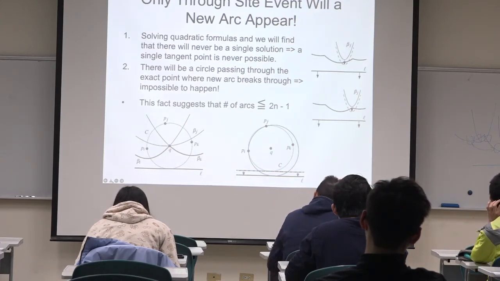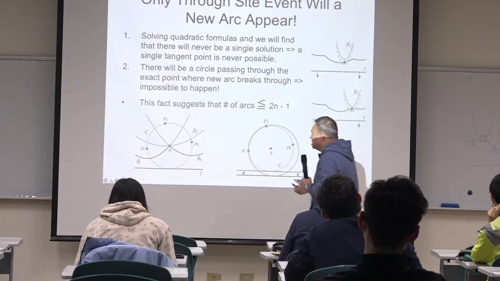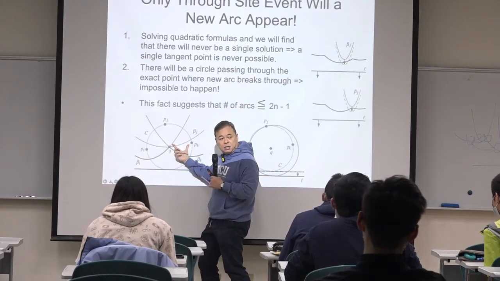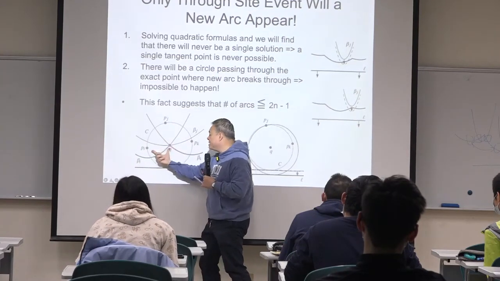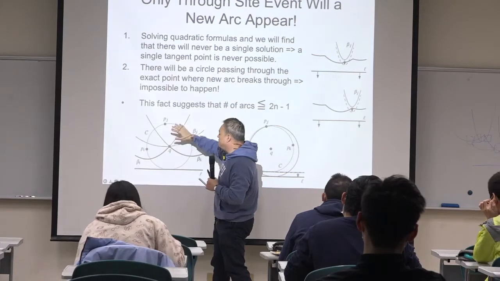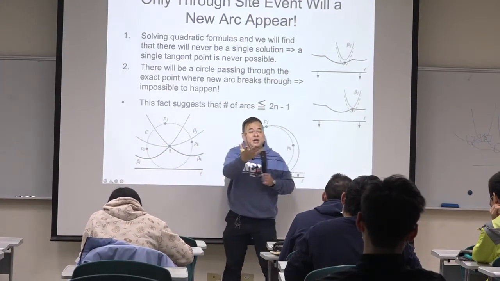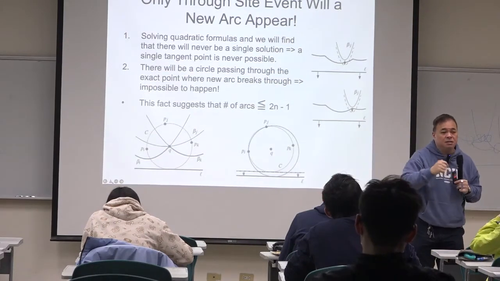When you consider the edge induced by a vertex, you consider the consecutive parabolas. So you consider this pair, and this pair. Not this one. If you consider this one, then it's like you omit this one. When you omit this one, of course, it's okay. Why? Because you don't have this parabola breaking this.